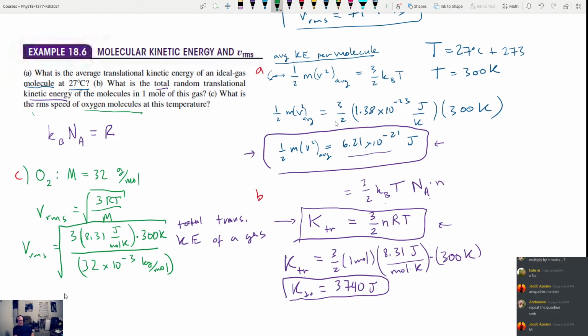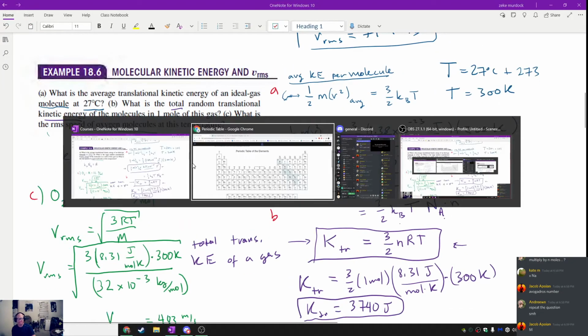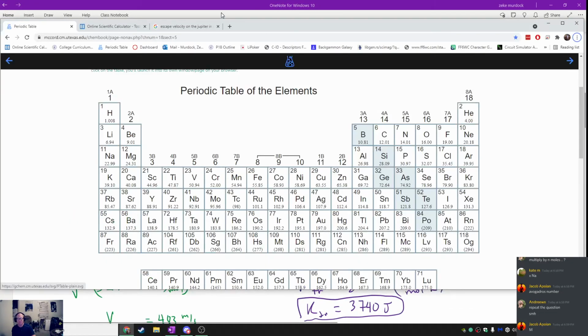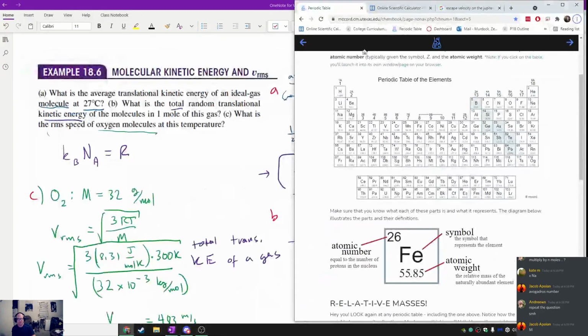You get that, and if you calculate this, I think you're going to get 483 meters per second. We'll do it, but I'm pretty sure that's what you're going to get. So if we go to here, move this over to this side this time.